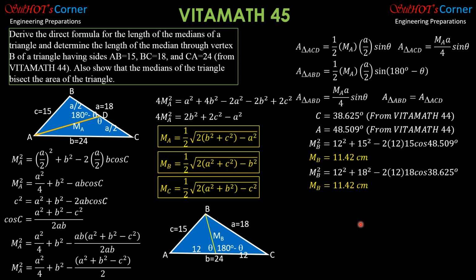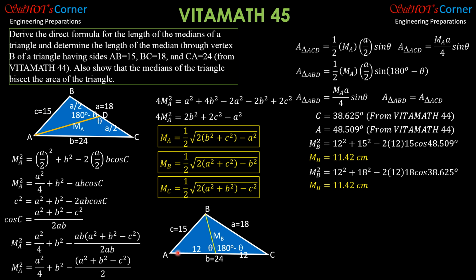Now for the area of the triangle, let's solve for angle theta. The area for ABD, imagine this is D, is 1/2 of 12 times MB sine of theta. We already solved MB, so it's theta that should be solved by sine law, and if this triangle is drawn proportionately, then theta is acute.